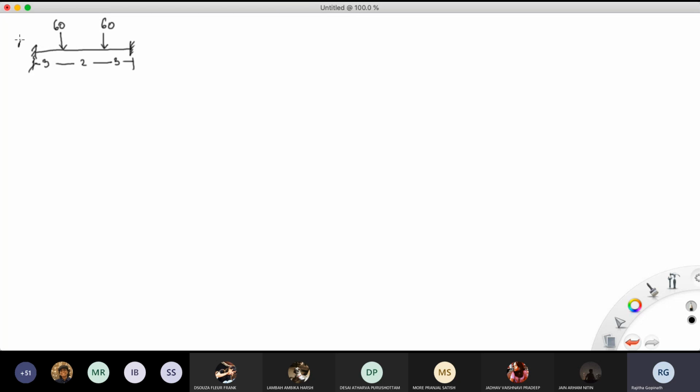Let's try to find out what is MA, what is MB, and what is the maximum, and what is the final BMD. All right. So, okay, any idea how to approach this problem?